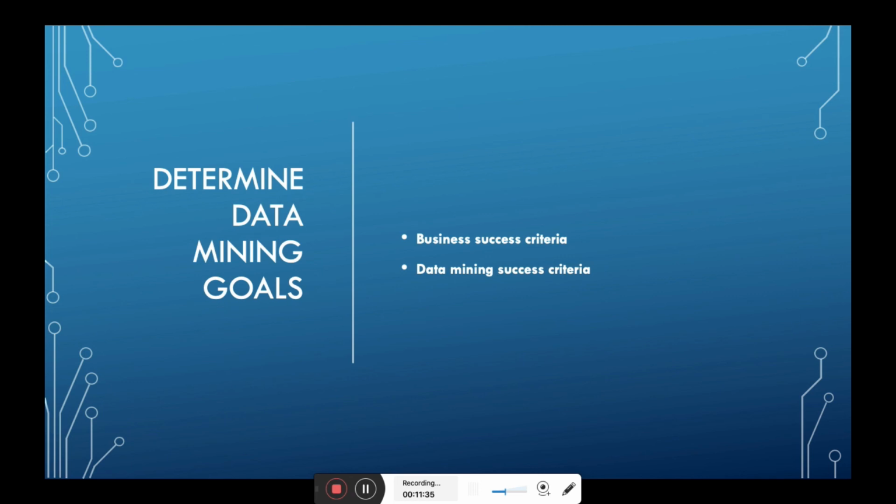For example, let's think of a certain level of predictive accuracy, or a propensity to purchase profile with a given degree of lift. As with business success criteria, it may be necessary to describe these in subjective terms, in which case the person or persons making the subjective judgment should be identified.